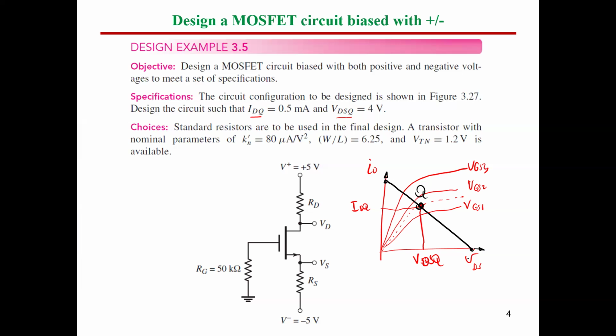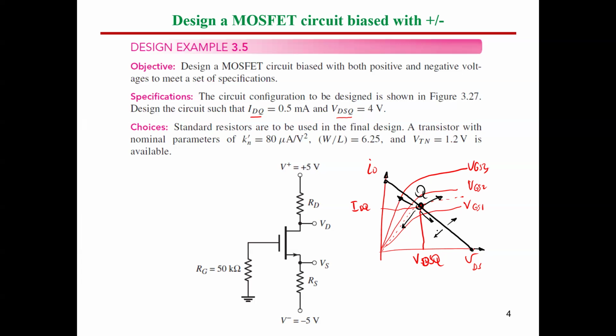And then this Q point, guys, you will learn how to control this Q point to go in this side or in that side in order to control the mode of operation of your MOSFET. Also, how can you control this point to go in this side or in that side? So in every place, how can you move the load line itself to move in this direction or in that direction?